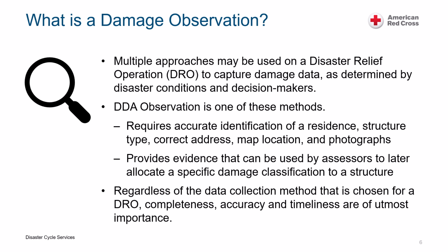DDA observations require accurate identification of a residence, structure type, correct address, map location, and photographs. These observations also provide evidence that can be used by assessors to later allocate a specific damage classification to a structure. Regardless of the data collection method that is chosen for a DRO, completeness, accuracy, and timeliness are of utmost importance.